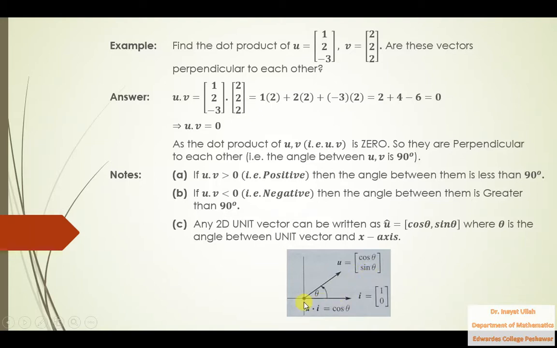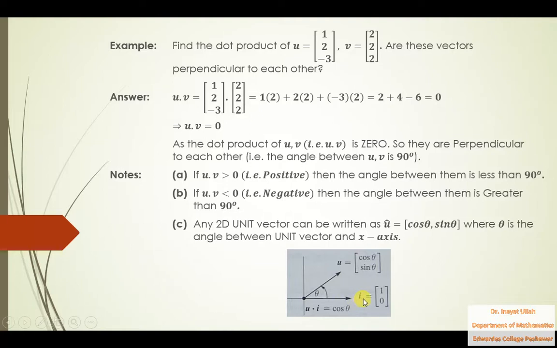If you look at this unit vector i, which is a unit vector in the direction of the x-axis, we know that this unit vector i makes an angle of 0 degrees with the x-axis.